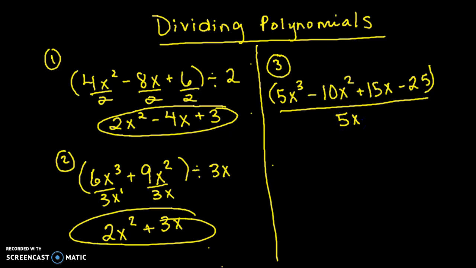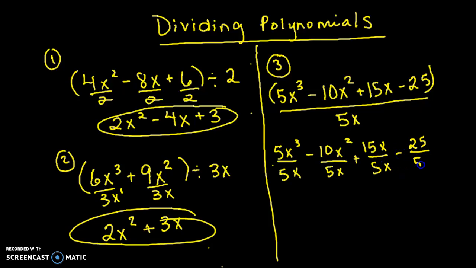So again, even though we're writing it like this, we're going to take each of the terms and divide it by 5x. So 5x to the third divided by 5x minus 10x squared divided by 5x plus 15x divided by 5x minus 25 divided by 5x.